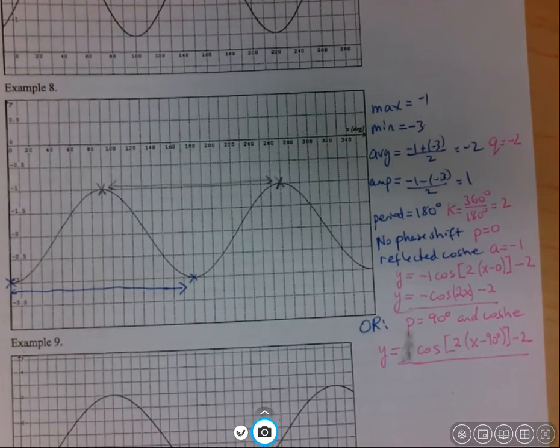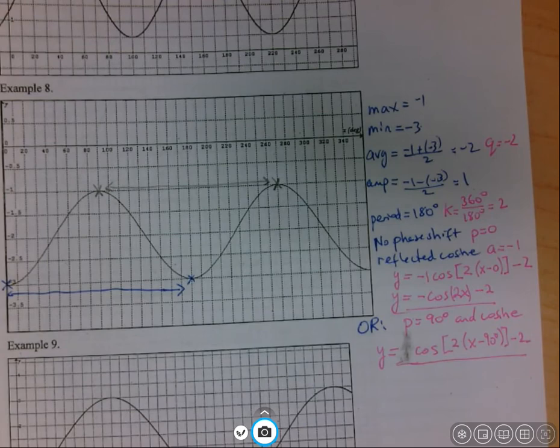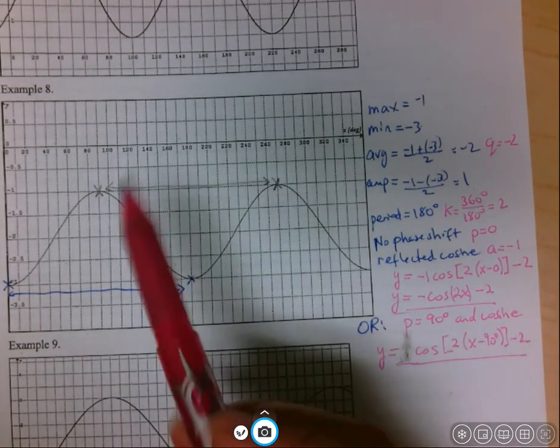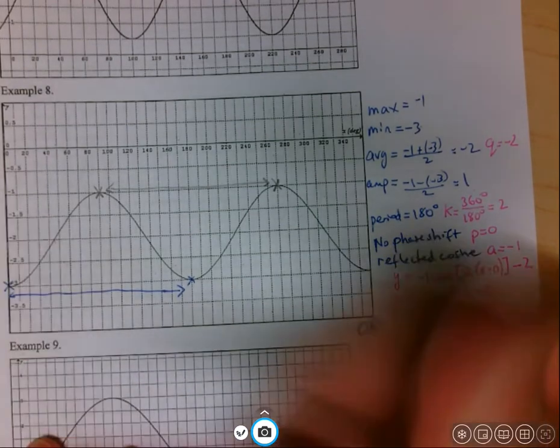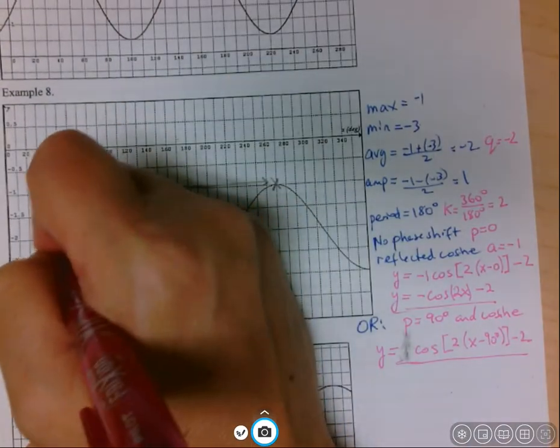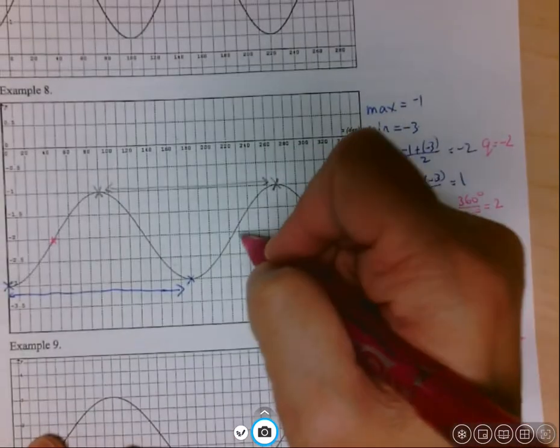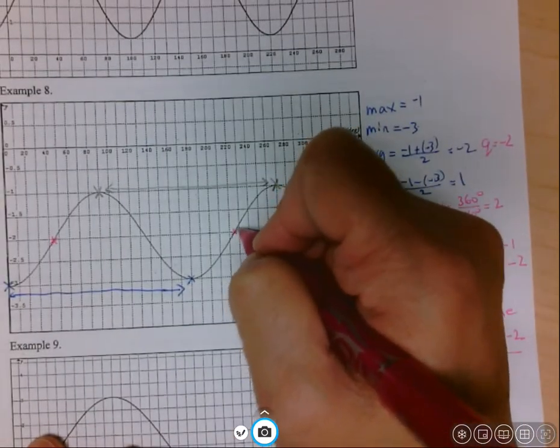By the way, could I write this as a sine graph? I totally could, because I could pick a point on the average. So let's say over here. I'm going to pick this point over here at 45 degrees. And here's the ending.